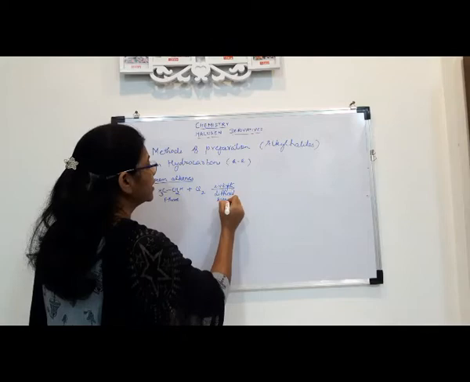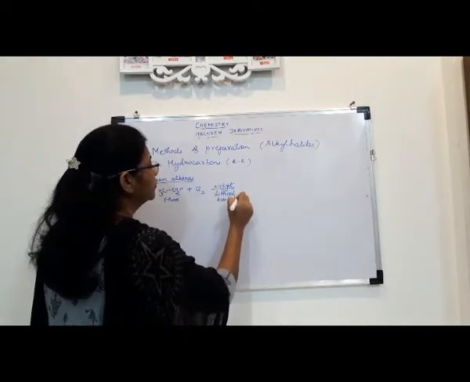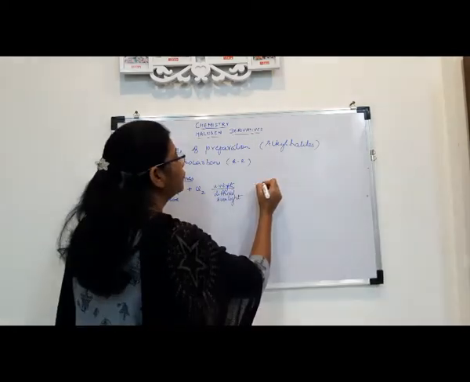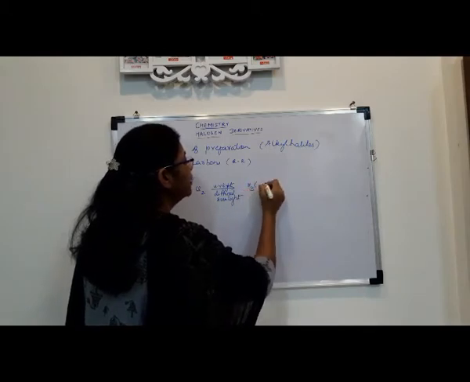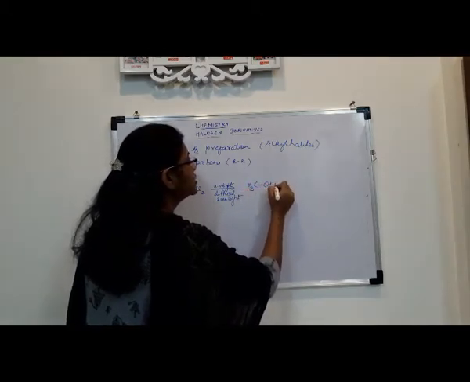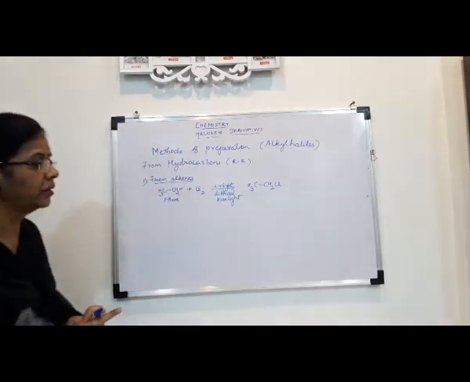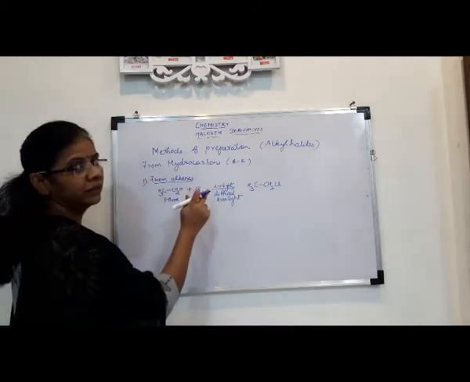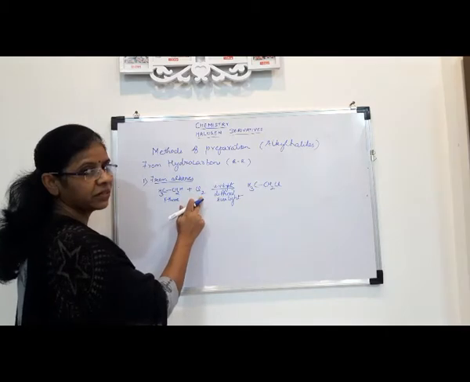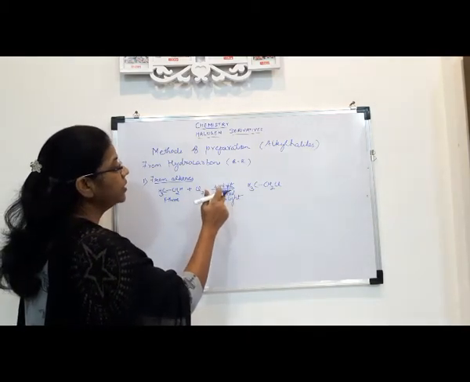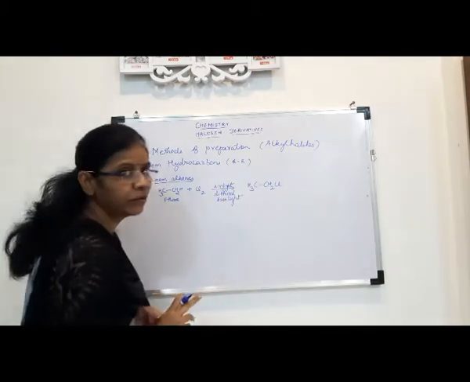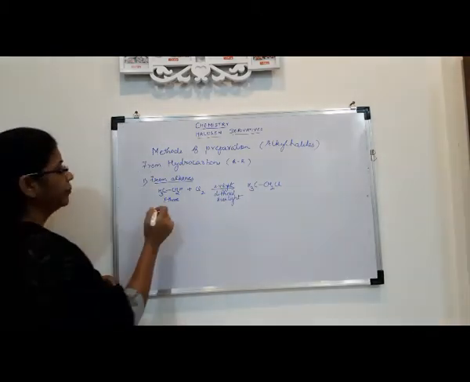What will it give you? It will give you the alkyl chloride, that is CH3CH2Cl. Right? Ethane is undergoing chlorination, but under specific conditions, UV light or diffused sunlight, giving you the alkyl chloride.